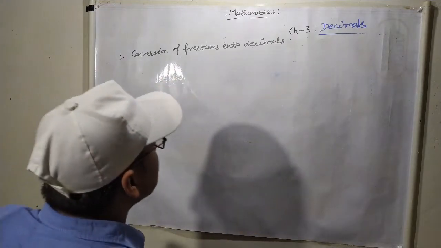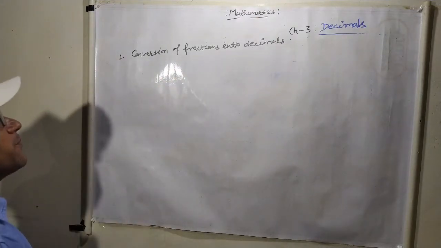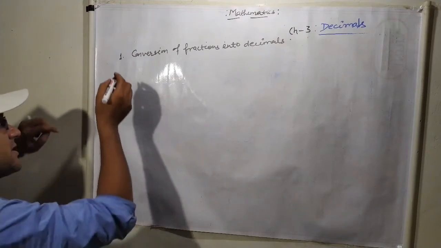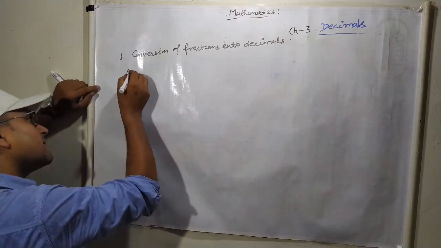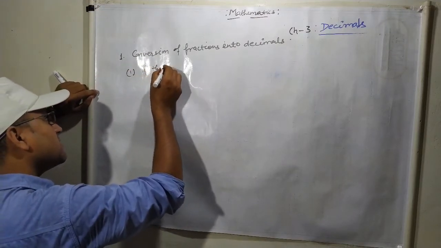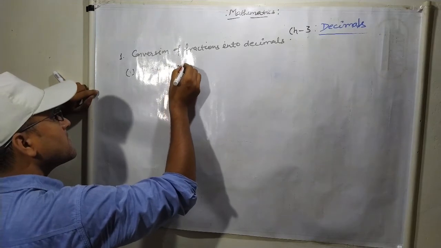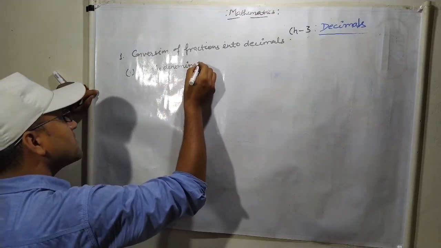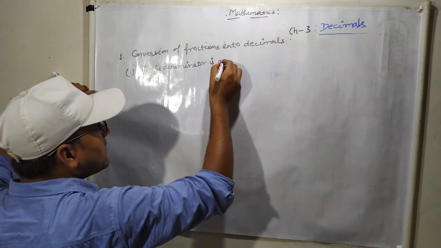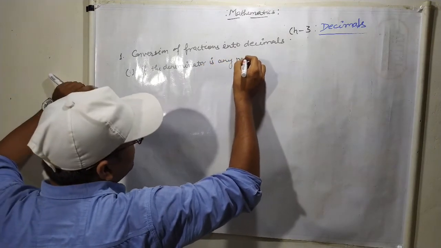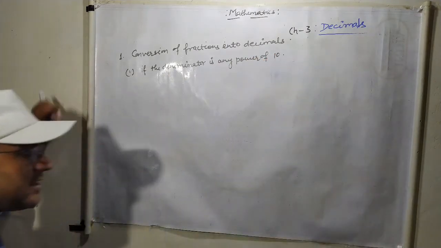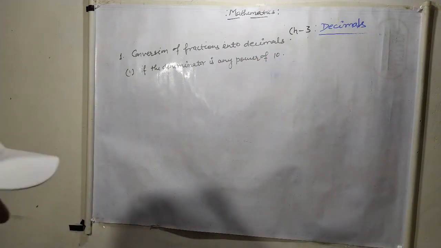A fraction whose denominator is any power of 10. It is very easy. In that one, the first part is if the denominator is any power of 10, it is very easy to convert it into a decimal.